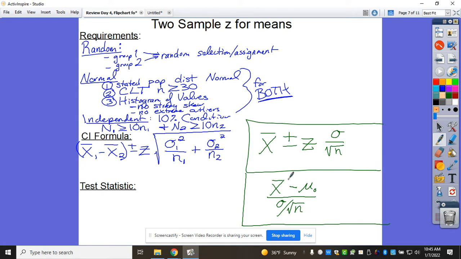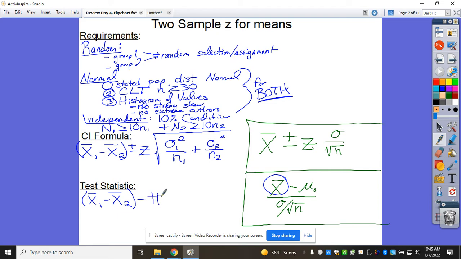Alright, so just like we did in confidence interval, this now becomes what? It's still minus. Now, technically, it's minus mu naught 1 minus mu naught 2, but we're plugging in some what?